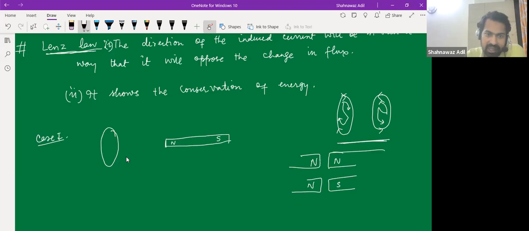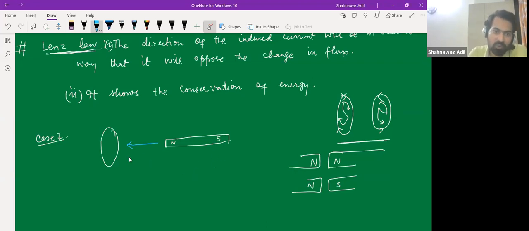So let's say that you are moving this magnet in this direction, approaching this coil. So what will this coil do? This coil will try to oppose the motion of this magnet, right?